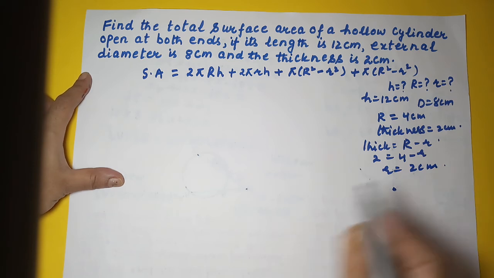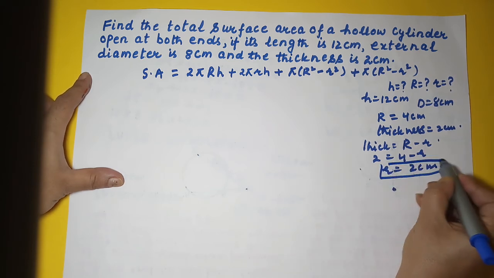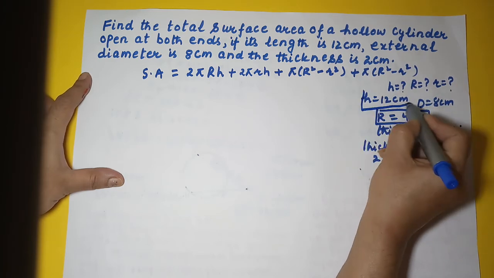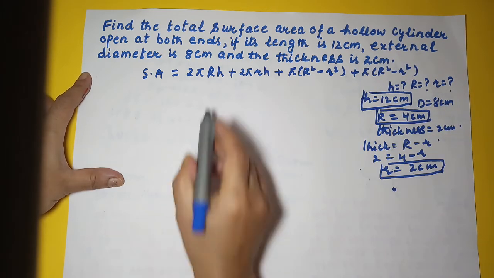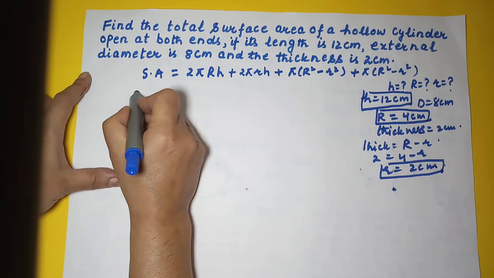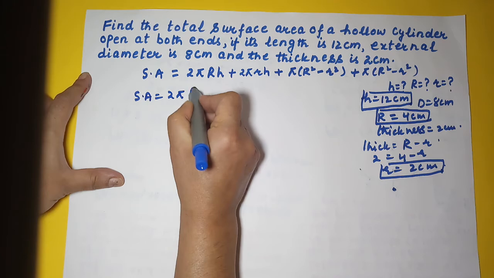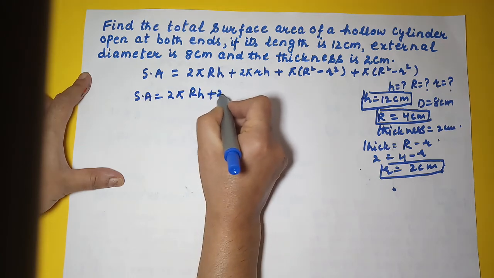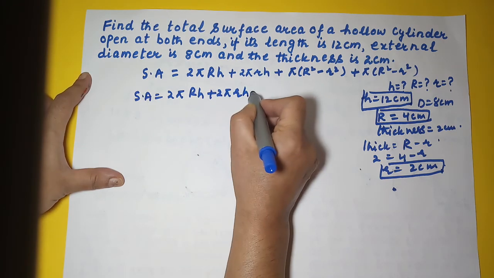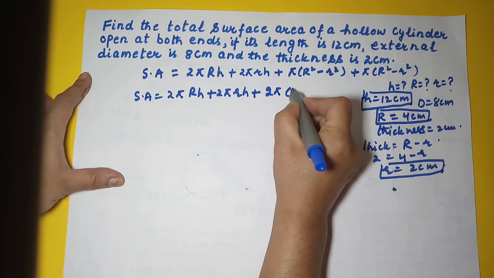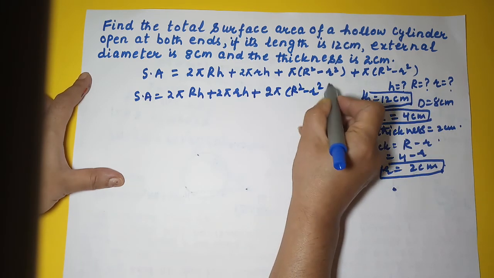Now you got all the data. You have small r, you have big R, and you have this h. Right? Let's substitute. First, let's write this formula in a proper order. This will be 2 pi Rh plus 2 pi rh plus, isn't this 2 pi into R square minus r square?